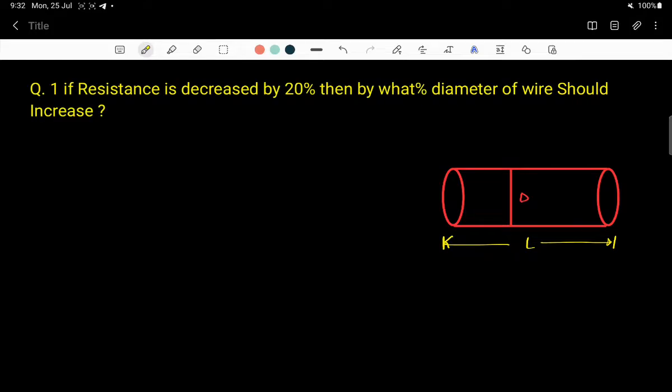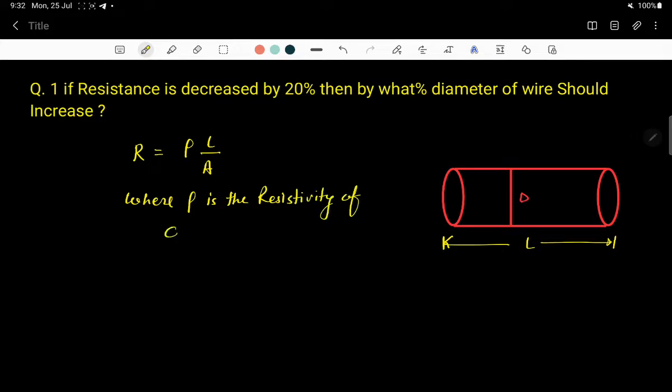So now let's go to the relation that we know, which is R equals rho L upon A, where rho is the resistivity of the wire, the resistivity of the conductor, and we all know that it is a constant.